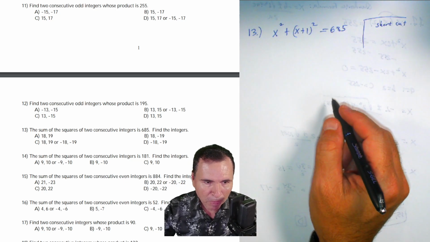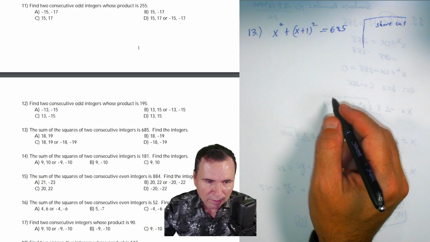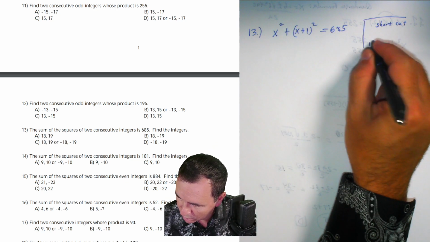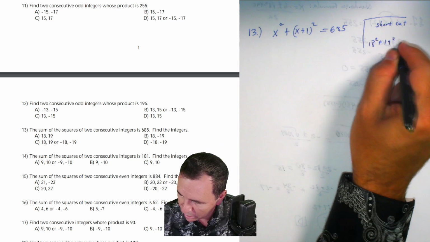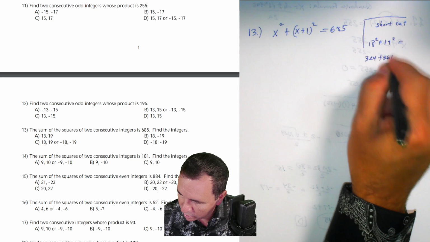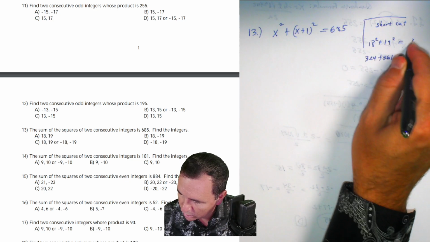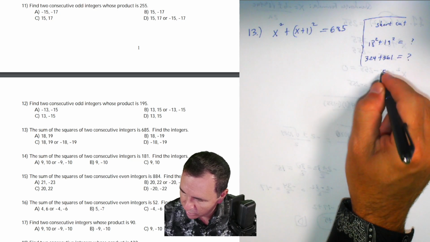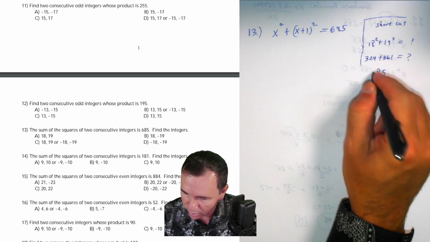And you could just say, well, 18 squared plus 19 squared, what is that? This is 324 plus 361 equals, right? And so when I add these two, I get a 5, I get an 8, I get a 6.